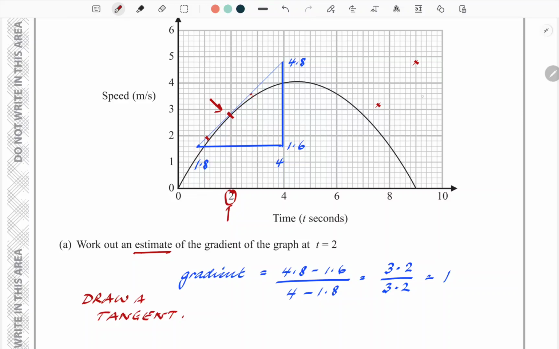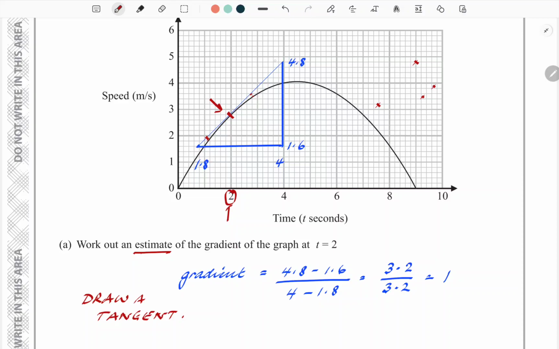Don't go picking the middle of a square somewhere, something stupid like this. Yeah, don't do that. Extend it as long as you have to. The longer the line is, the better, the less error that you're going to have, all right? So try and get a nice long line, a big triangle. In this case, I've taken it to two corners that I liked.